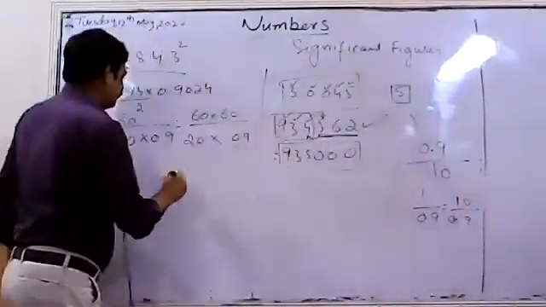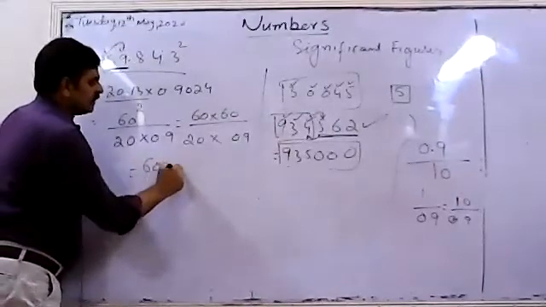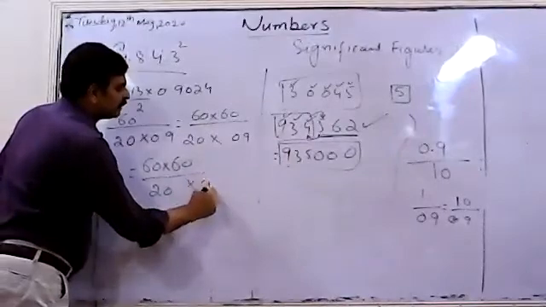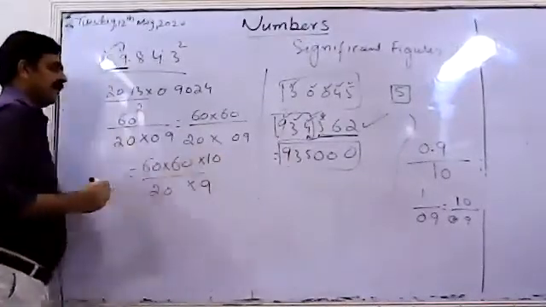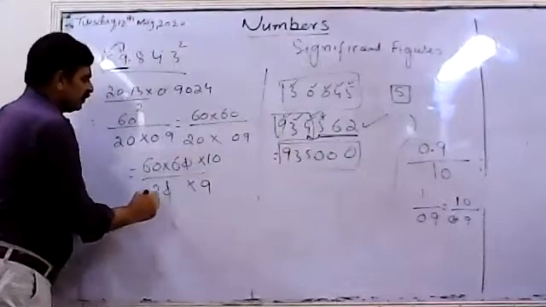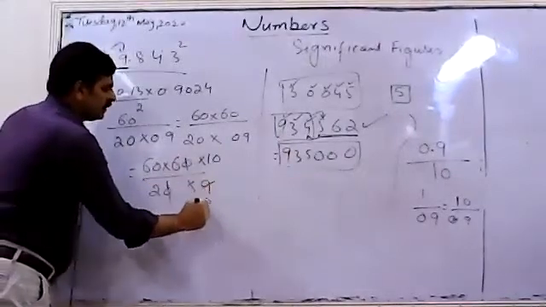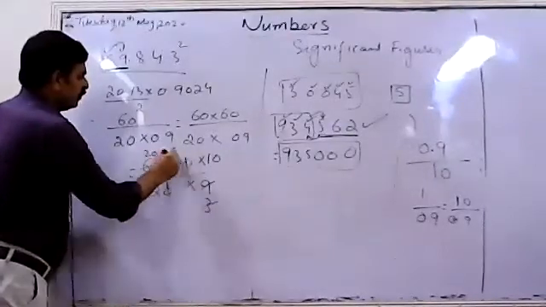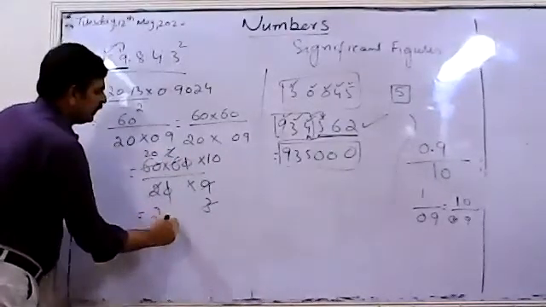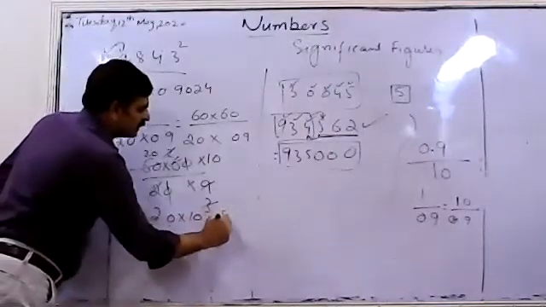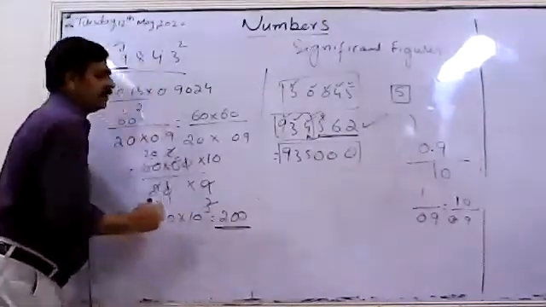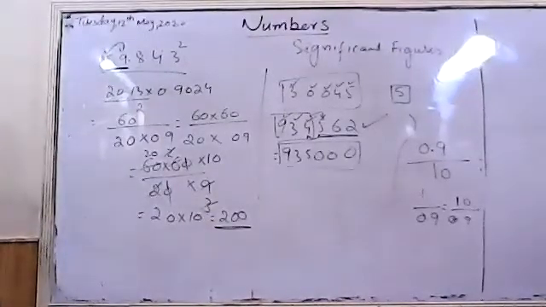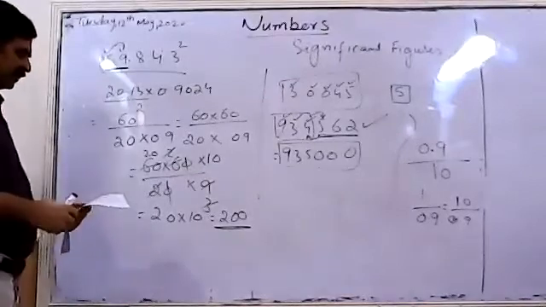So 60 multiplied by 60 divided by 20 multiplied by 0.9 becomes 9 over 10. 0 is cancelled with 0. 3 times 3 is 9, 3 times 2 is 6, 3 times 1 is 3, then 20 multiplied by 10, the final answer is 200. So we can easily simplify the values using significant figures and estimate the values.